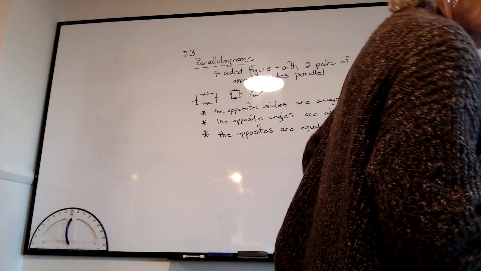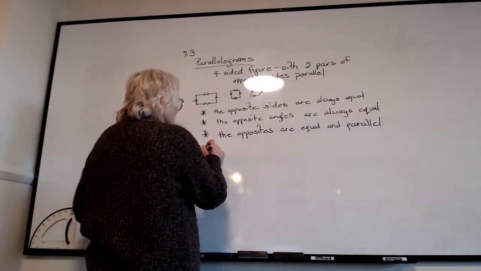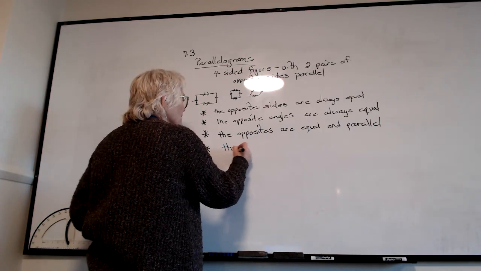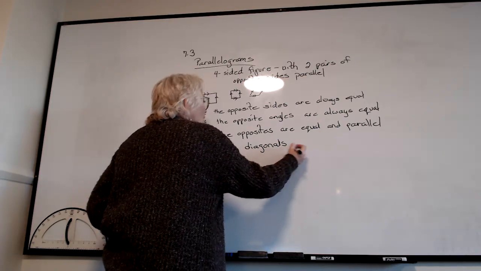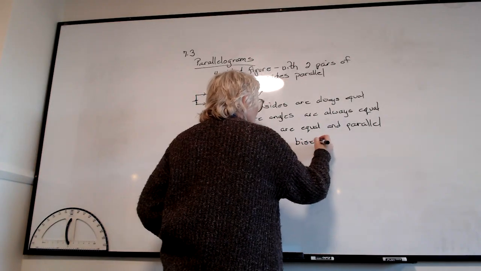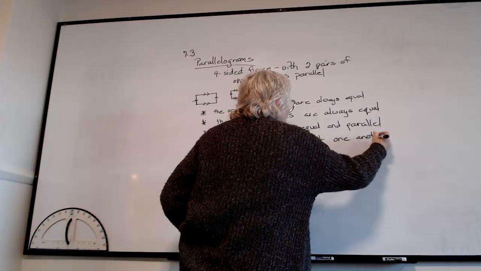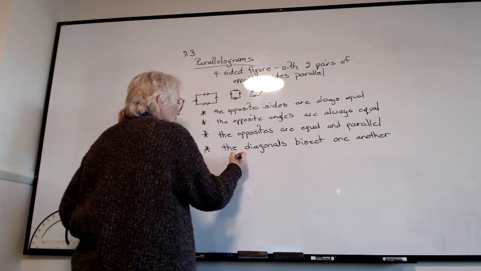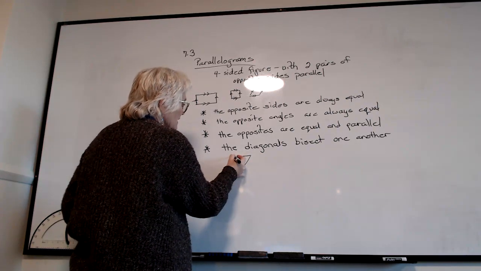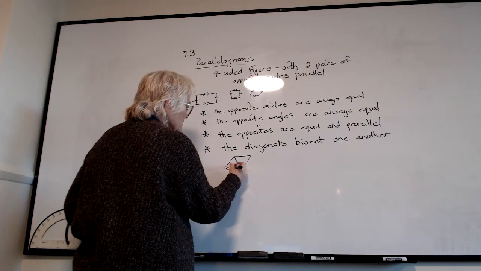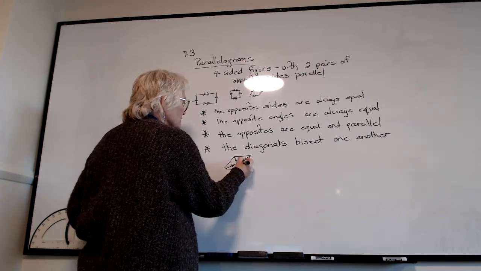The other thing is the diagonals. In any parallelogram, the diagonals bisect one another. If you draw it somewhat right and draw the diagonals, this is equal to this, and this is equal to this.